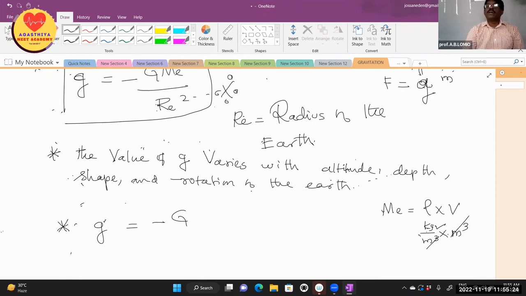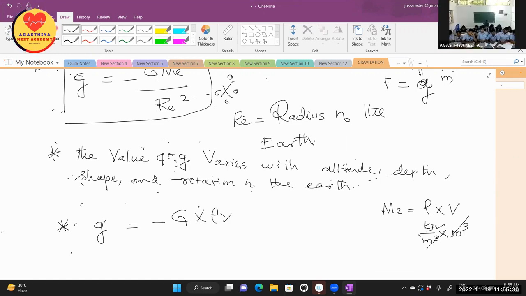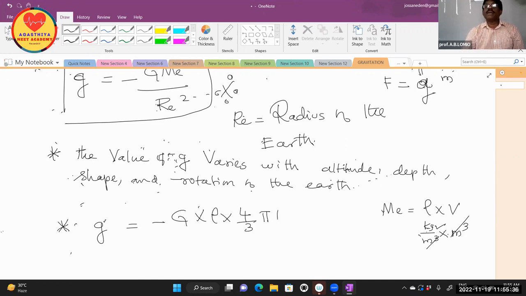Now, the mass of the earth is expressed as density into volume. Volume of the earth sphere is 4/3 pi r cube. In the denominator becomes r squared.